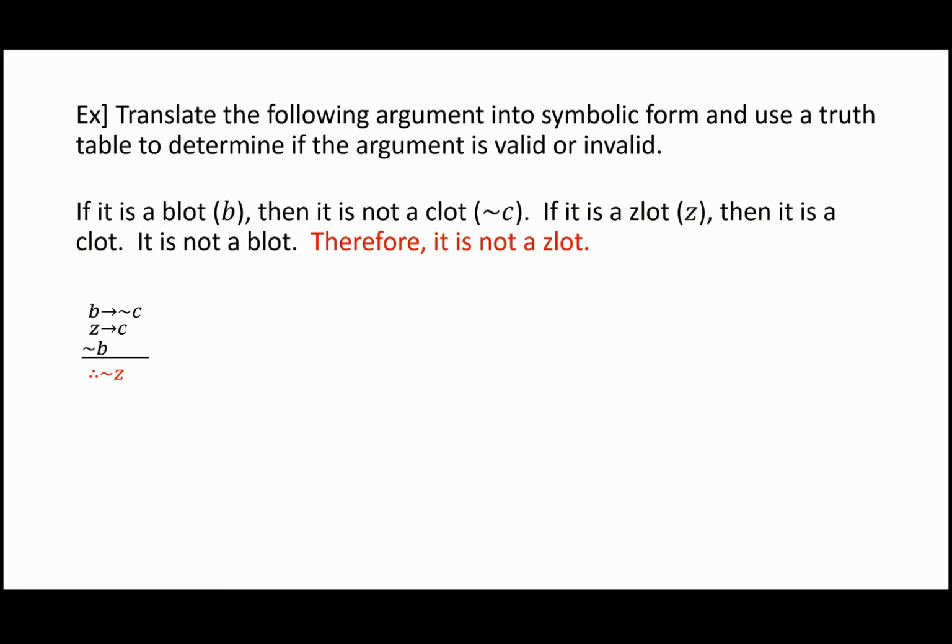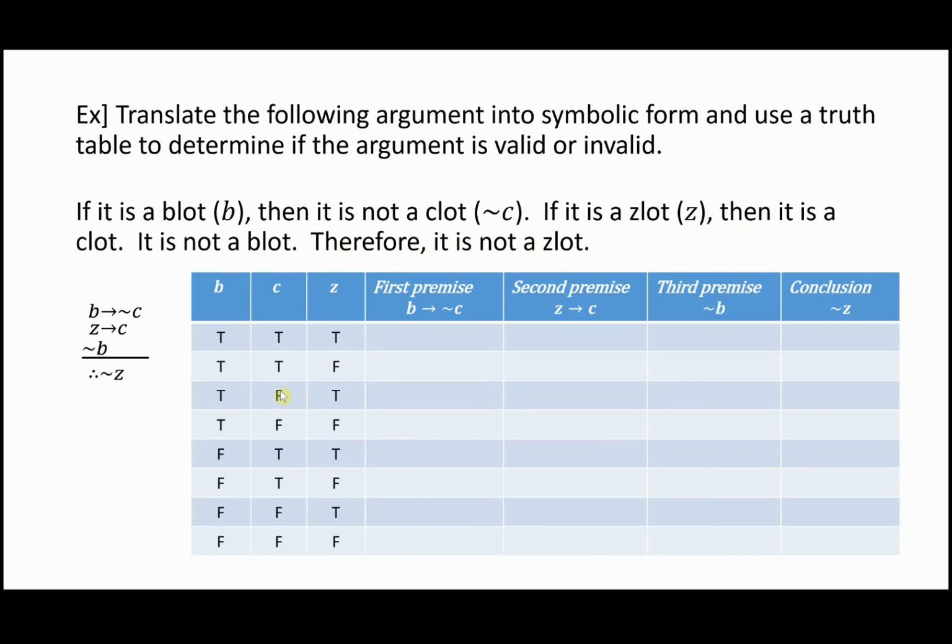Cool. So let's go ahead and bust out our truth table. A lot of it's already structured for you, but please at this time, if you haven't already done so, add the true-false combinations associated with B, C, and Z, the 3 statement components, in alphabetical order from left to right, and initialize them in the standard way. Always the first column is T, T, T, T, F, F, F, F for a 3 statement component argument or compound statement.